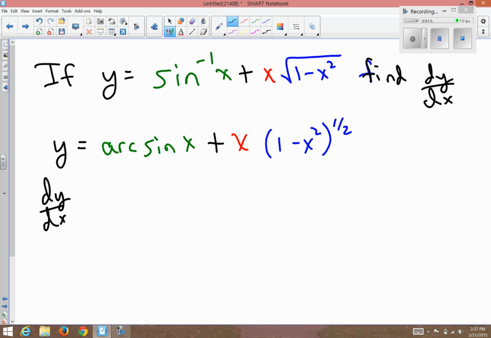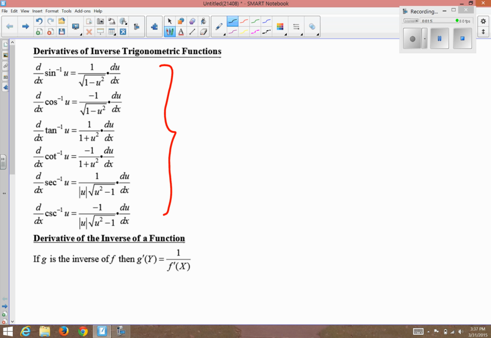The derivative of arc sine x, we're going to use this formula. The derivative of arc sine of anything is 1 over the square root of 1 minus u squared.